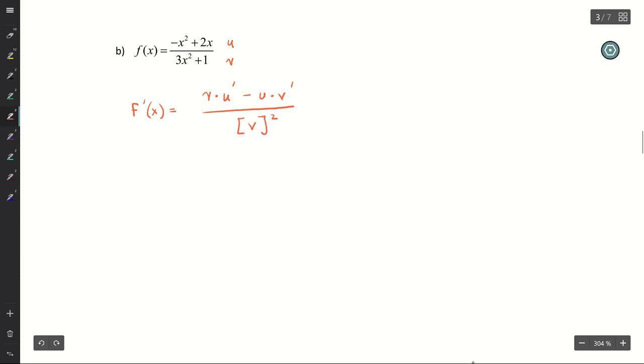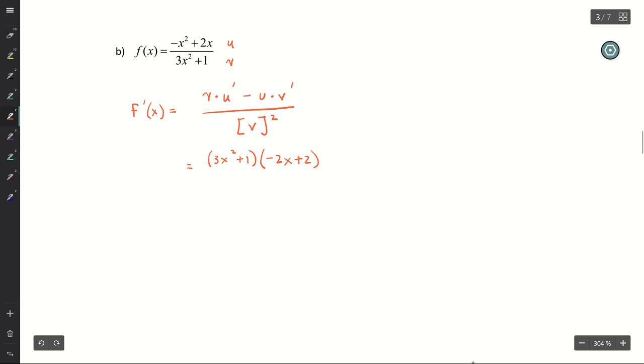All right, from here, we're going to go ahead and plug in. So the bottom is the 3x squared plus the 1, and then the derivative of the top. The derivative of negative x squared would be negative 2x. The derivative of 2x would just be 2.